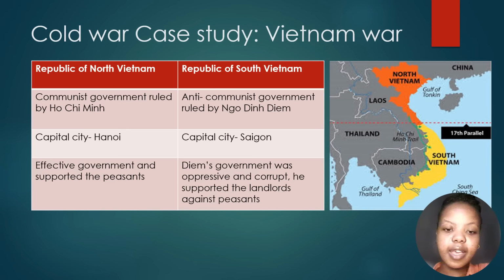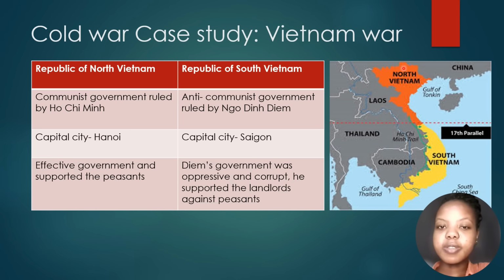Now let us look at the different parts of Vietnam. Previously we said it was divided into two, right? North Vietnam and South. The leader of North Vietnam was Ho Chi Minh. The leader of South Vietnam was Ngo Dinh Diem. The capital city of North Vietnam was Hanoi. The capital city of South Vietnam was Saigon.